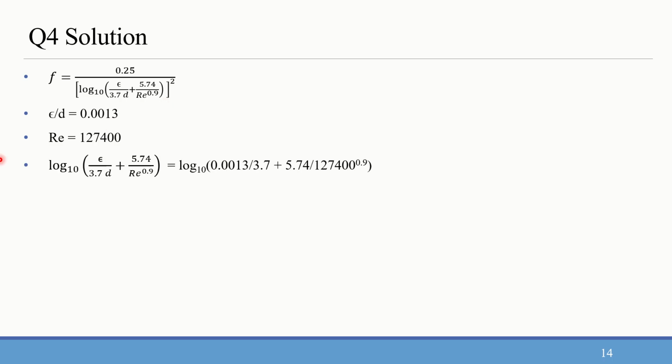So we'll do that. Log to the base 10 of epsilon by 3.7d plus 5.74 by Re to the power of 0.9 equals log 10 of 0.0013 divided by 3.7 plus 5.74 by 1,27,400 to the power of 0.9.